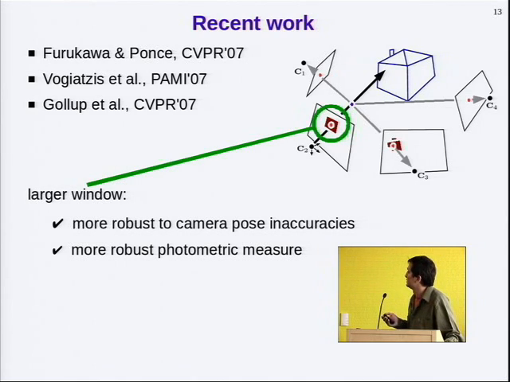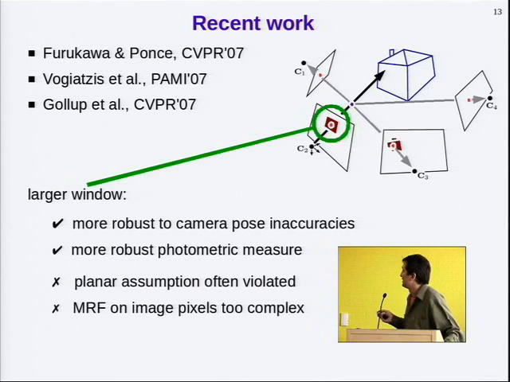A method more robust with respect to camera pose inaccuracies can be designed, and more robust photometric measures can be designed, like normalized cross-correlation and all these measures on more than one pixel. However, the larger the window is, the more likely it is that the planar assumption will be violated, because one important assumption here is that this small window is also planar, and it comes from a small planar patch from the scene.